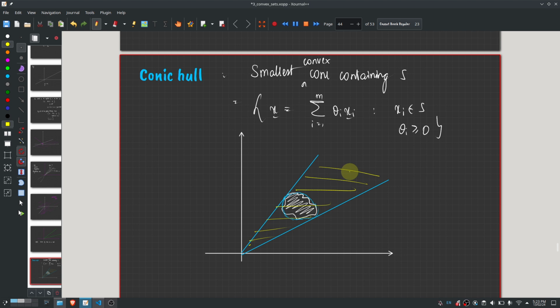Exactly. So the convex hull will be a subset of the conic hull. So you can think of it as the smallest cone containing the convex hull of S.